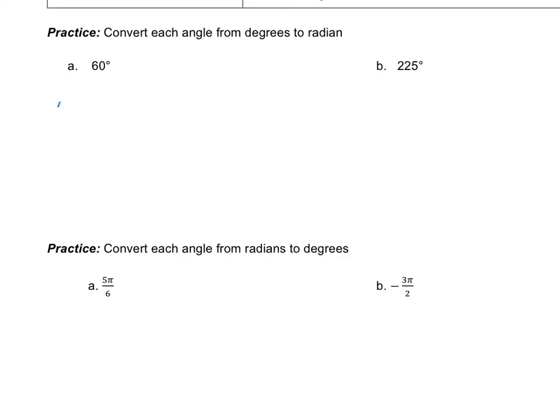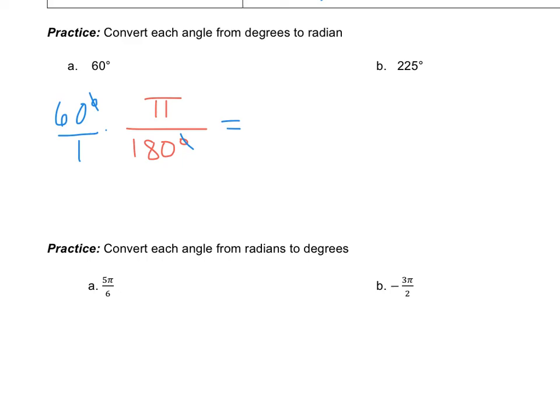So let's practice. Let's convert 60 degrees to radians. Because we are going from degrees to radians, we are going to multiply by pi over 180 degrees. You notice that the degrees are in the top and the bottom, so those are going to cancel each other out. We're going to get rid of degrees, and we're going to be left with pi.